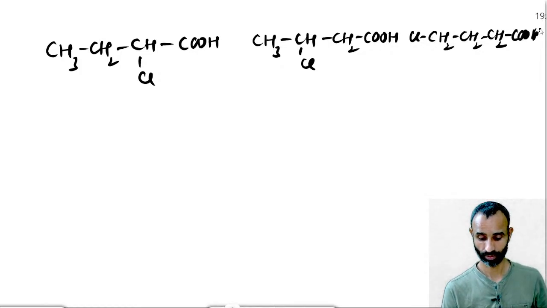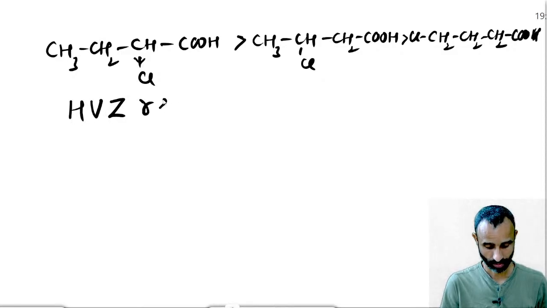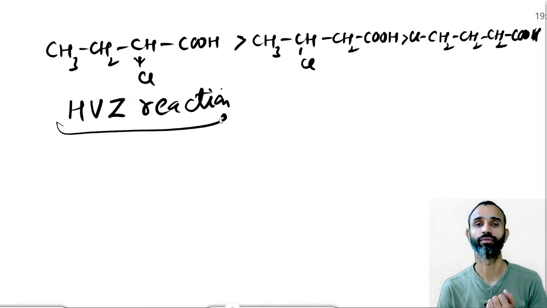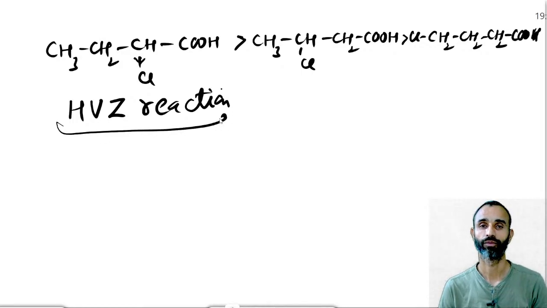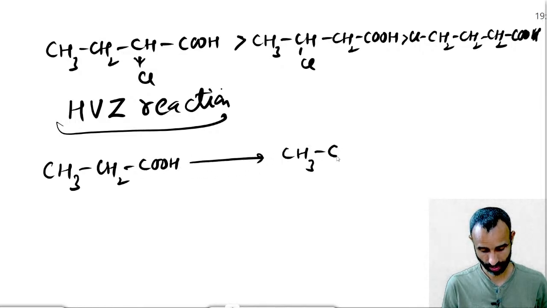First will be the strongest acid, then second, because it is withdrawing. So what about the HVZ reaction? It gives alpha halo carboxylic acid.